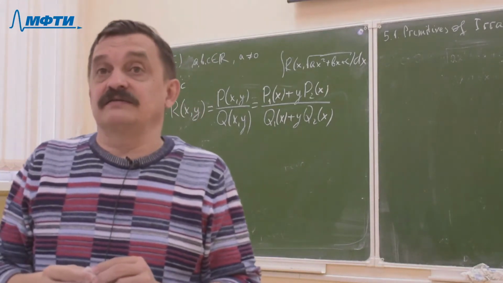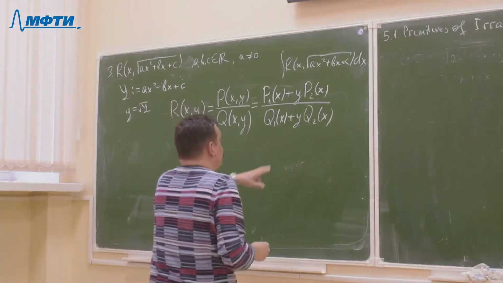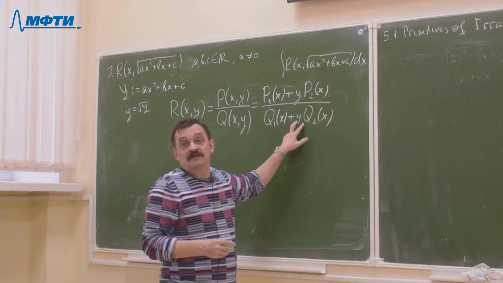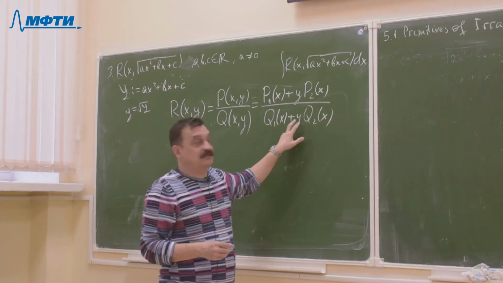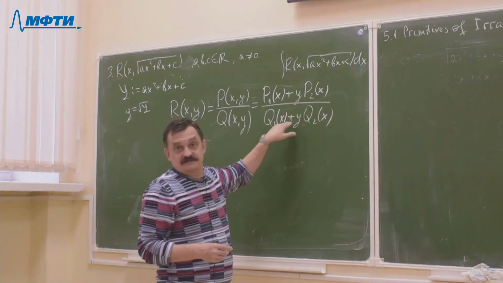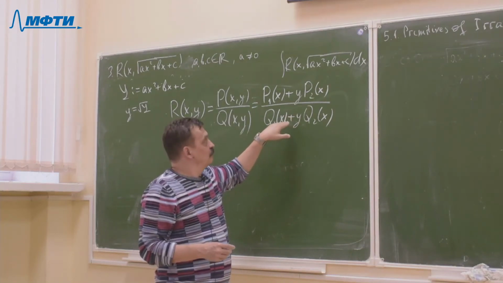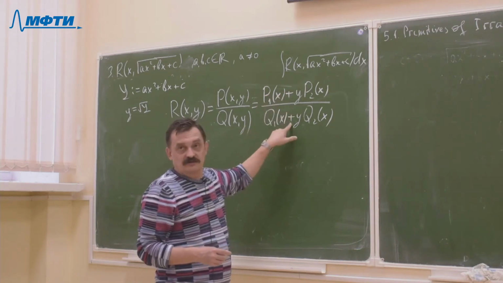After that, what can we do? Remember, here we have a square root, right? And there is the so-called algebraic conjugate. So we can multiply the ratio by the difference here.